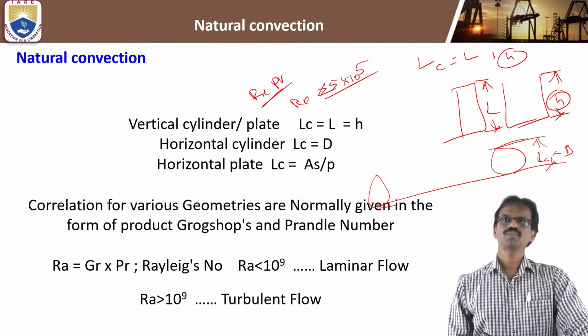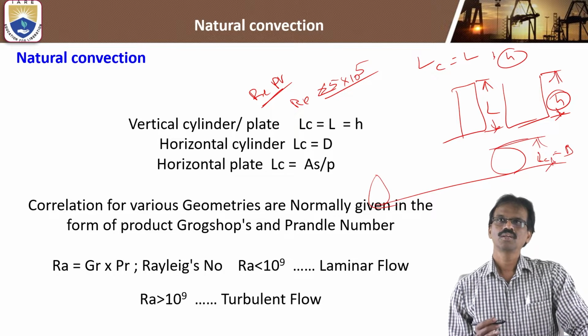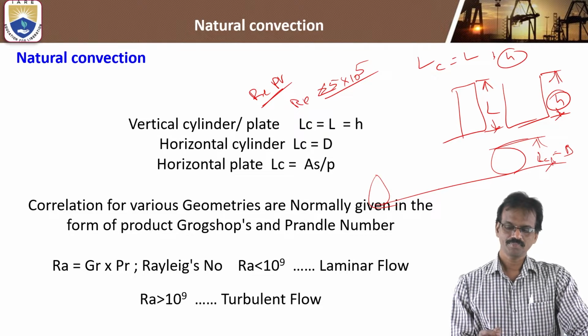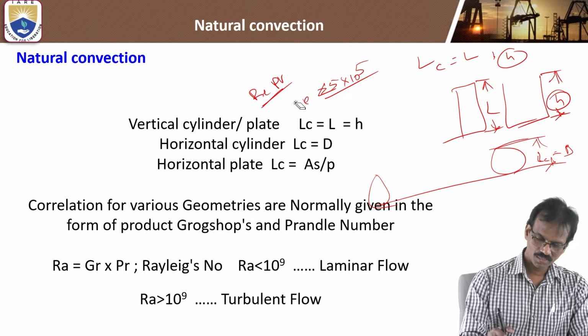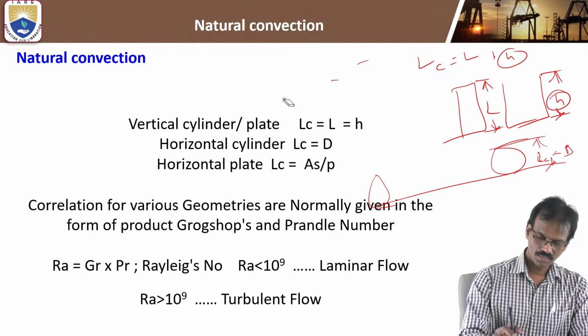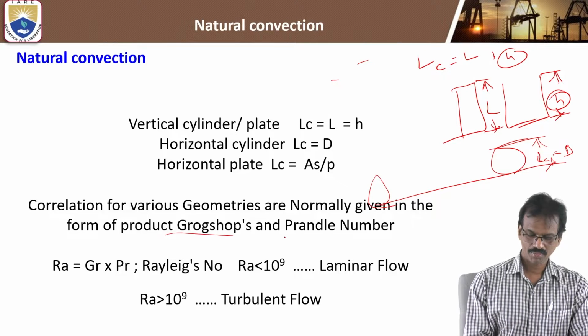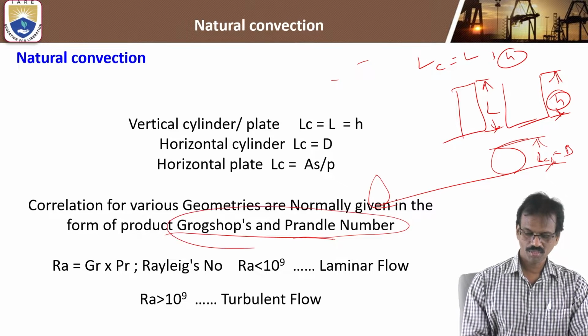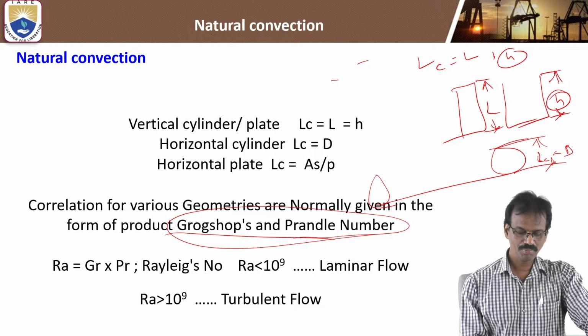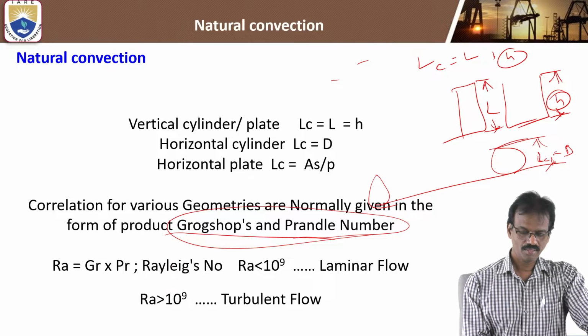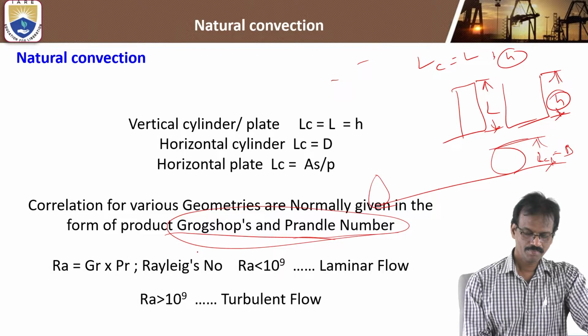If it is less than 5 into 10 to the power of 5, it is laminar flow. In natural convection, there is no Reynolds number, so you have to take the Grashof number. You have to take the product of the Grashof number, and that product is simply called the Rayleigh number.